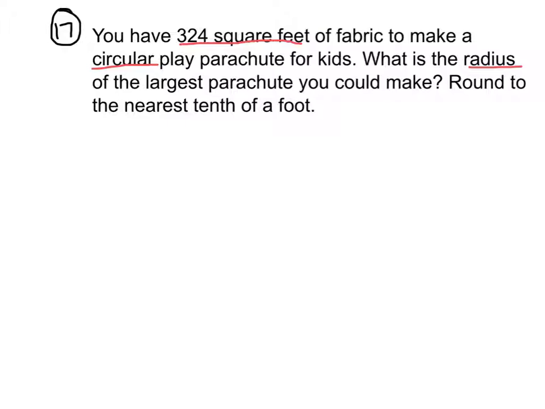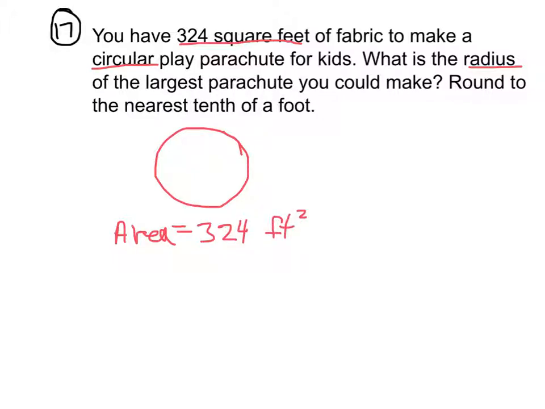Okay, so drawing a picture of this, we're looking to make a circle where the area is 324 square feet. We know the formula that the area of a circle is pi r squared.